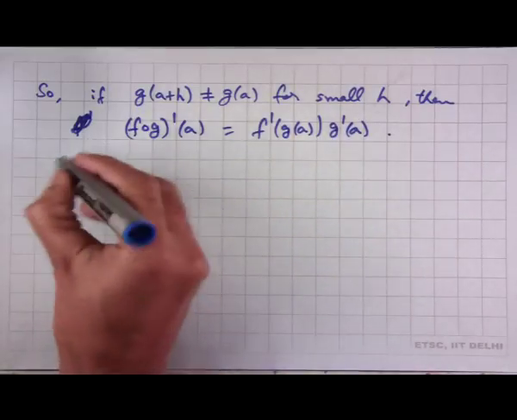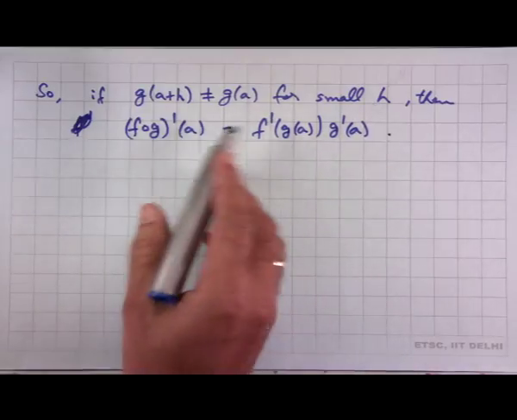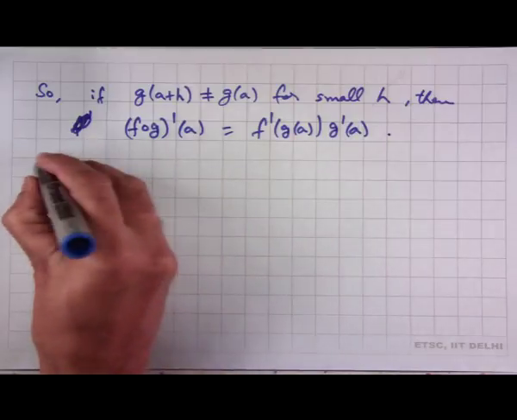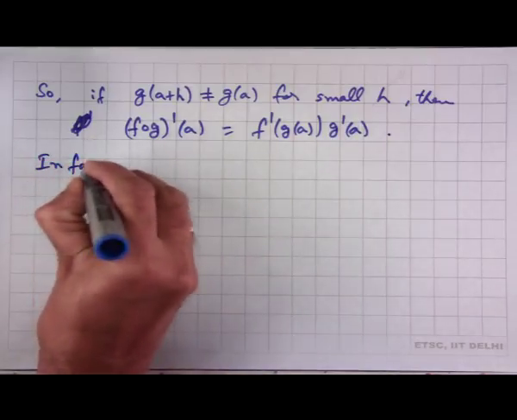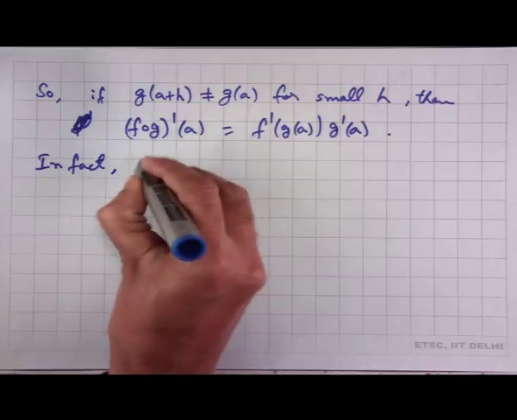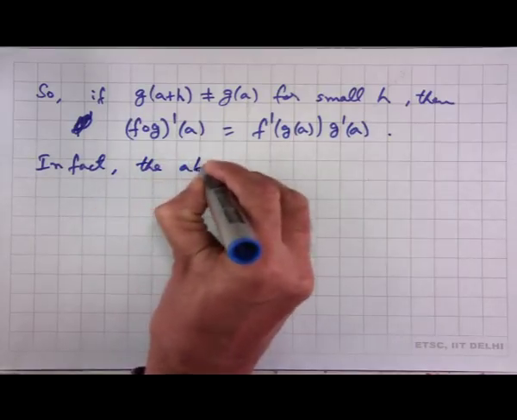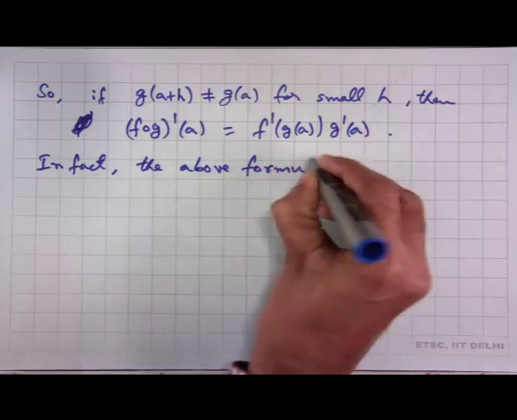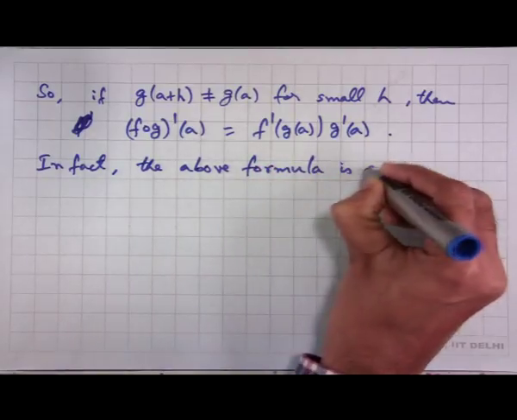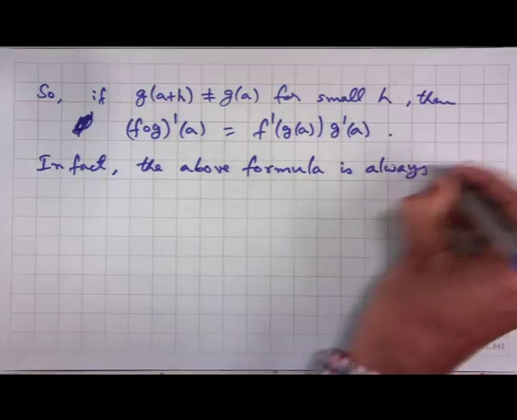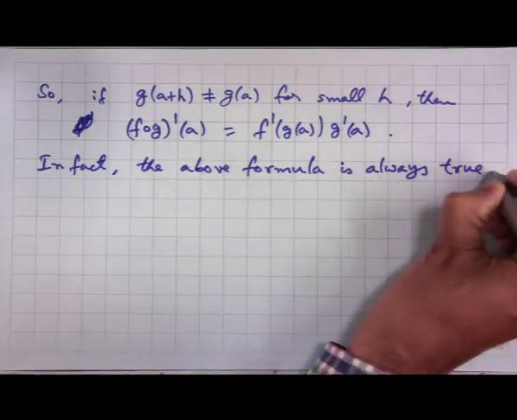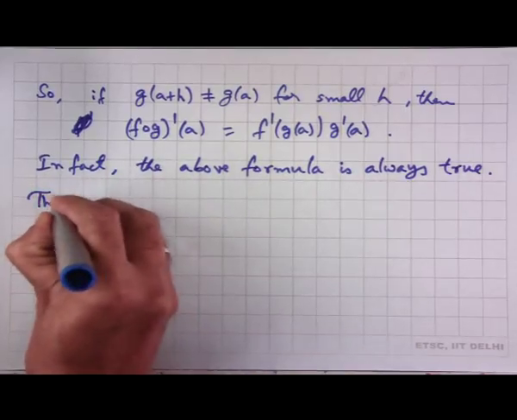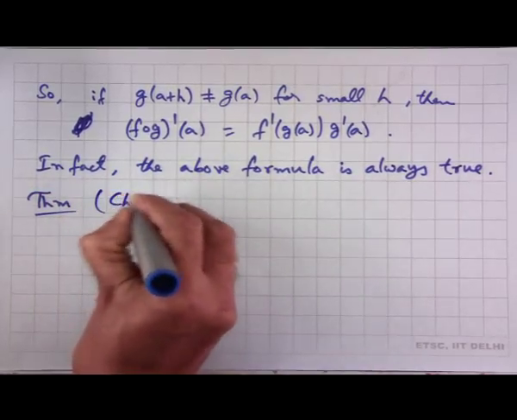So, the chain rule says that this is true even if we do not impose this condition. So, in fact, the above formula is always true. So, let me write this theorem, chain rule.